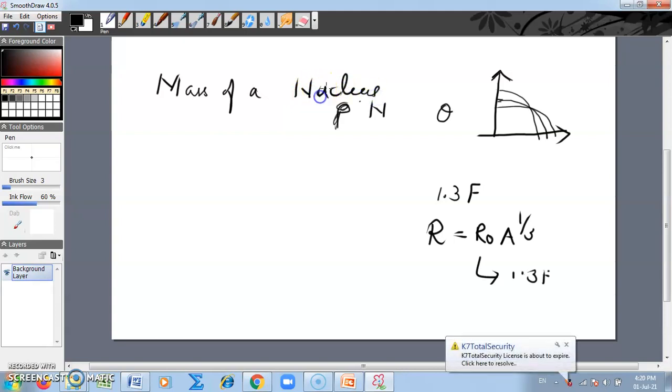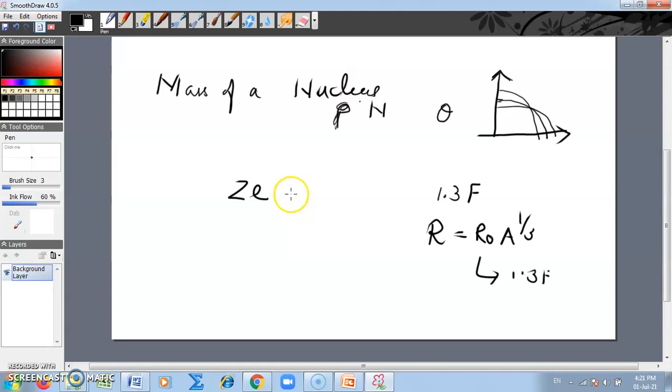Mass of a nucleus actually is obtained by measuring the mass of an atom. From the mass of the atom, you subtract the mass of Z electrons, and you get the mass of the nucleus. And we look at it when we study linear accelerators and other things. But for now, from the next class, we will be going to the second unit.